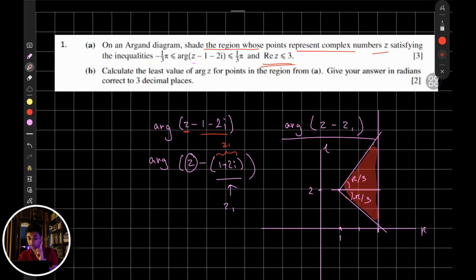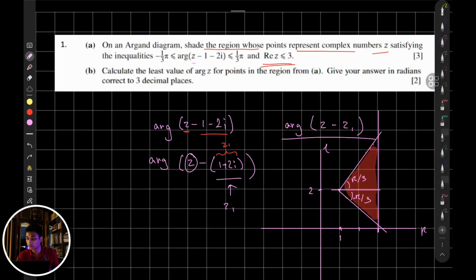Because first condition was z will lie in a range between pi by 3 and negative pi by 3 from the point 1 and 2i.